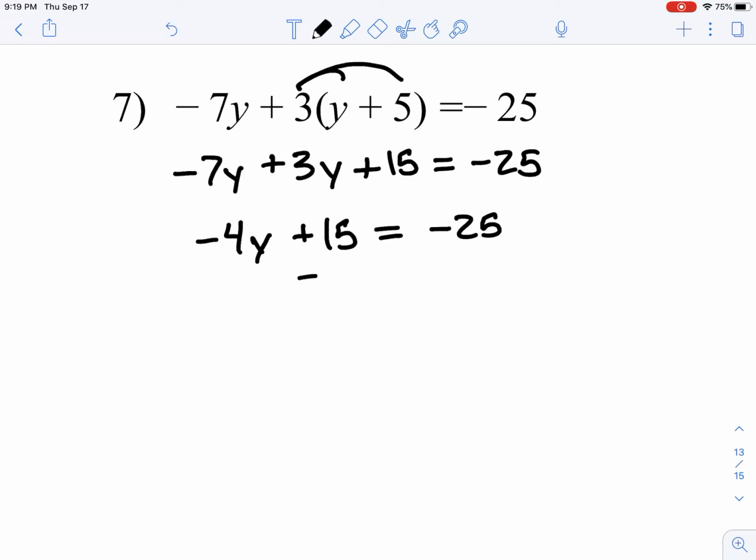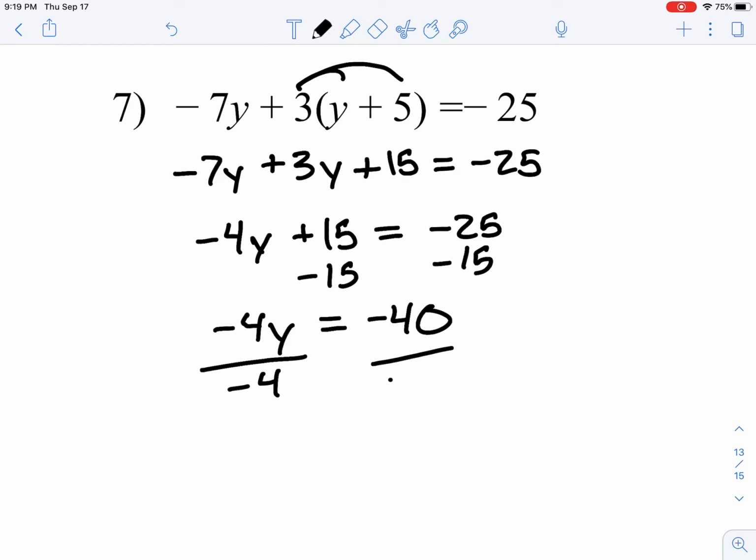And notice, this is just a two-step equation. Okay, so -4y equals -40. Divide by -4, divide by -4. Y is going to equal, actually not a negative this time because we're dividing two negatives. It'll be a positive 10.